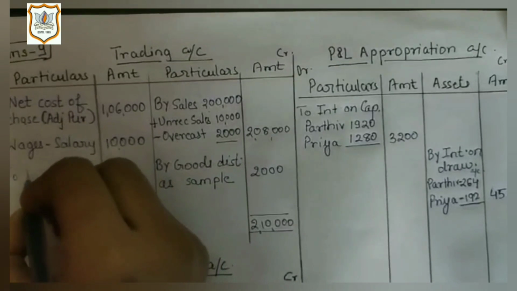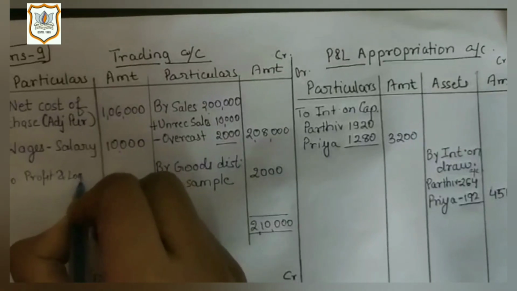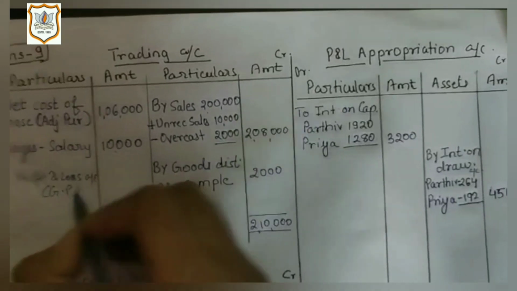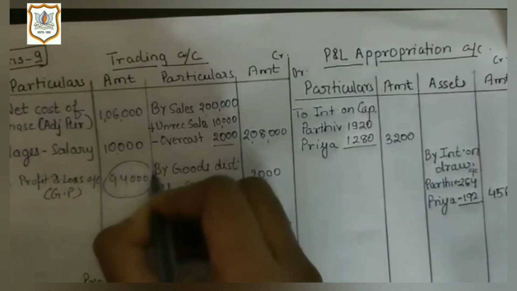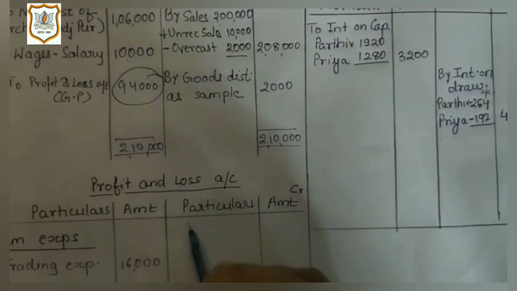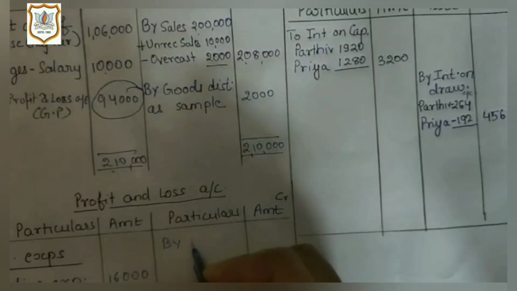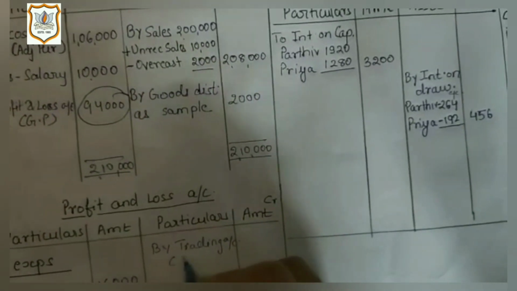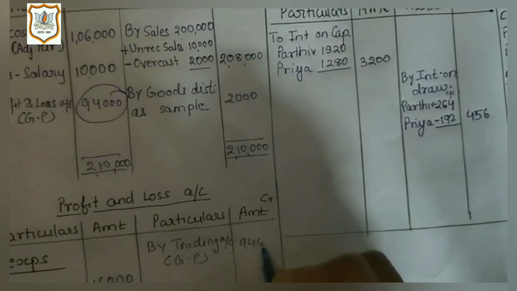To profit and loss account, gross profit, we will get 94,000. Now this 94,000 we will transfer it to profit and loss account on credit side by trading account, gross profit 94,000.